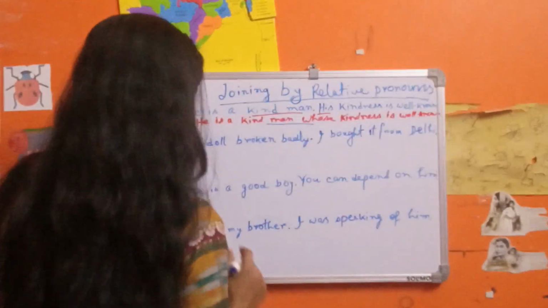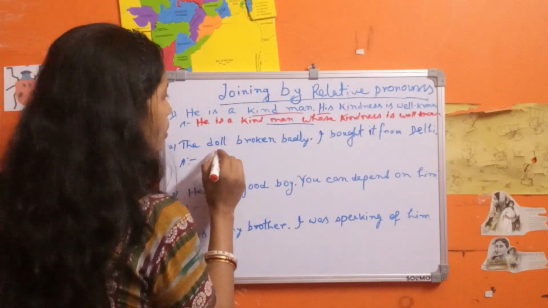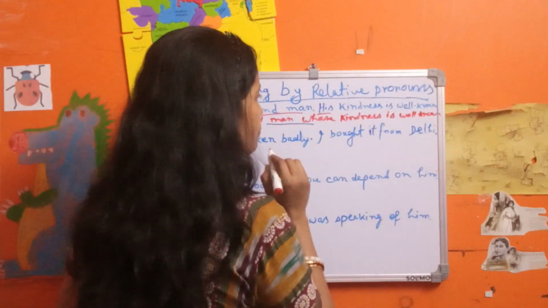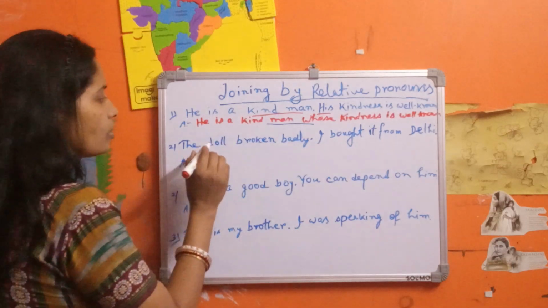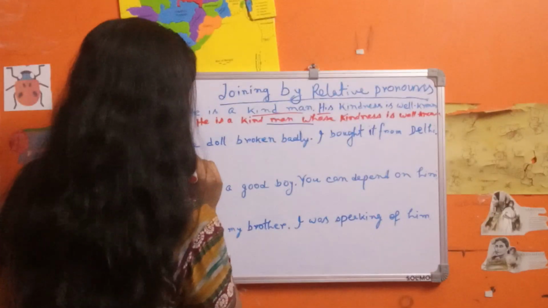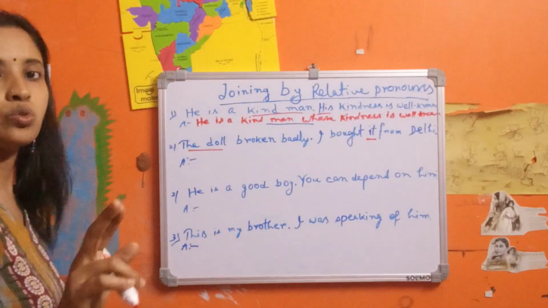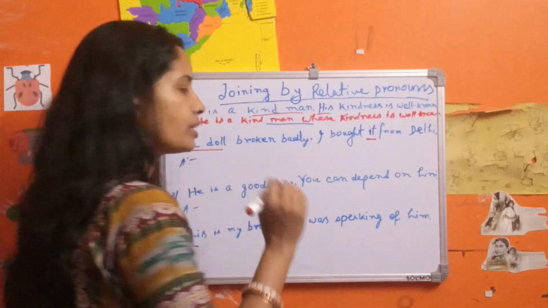Now the second example. The doll broken badly. I bought it from Delhi. Here, listen carefully. The doll and it are the same thing, and these are non-living things.